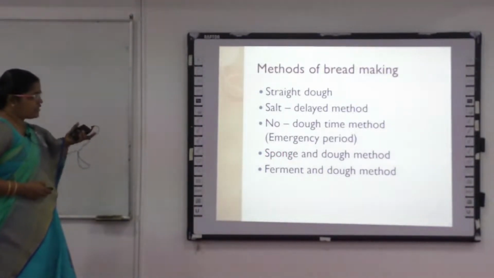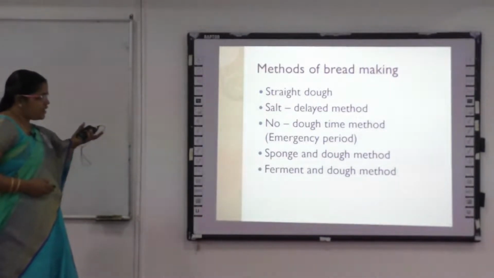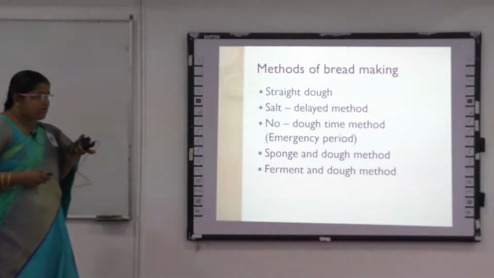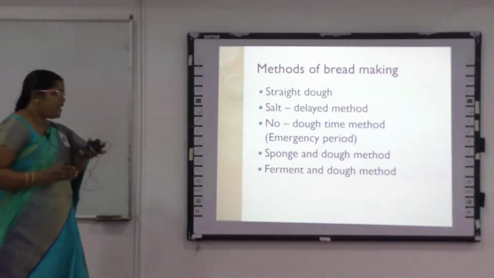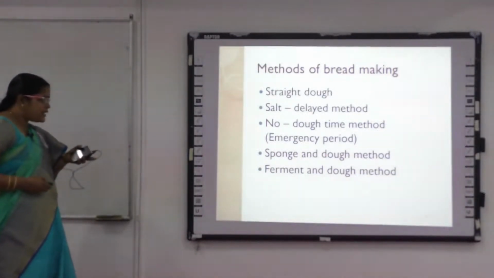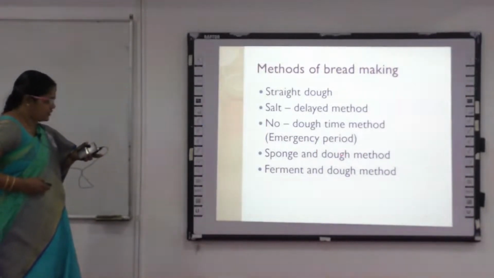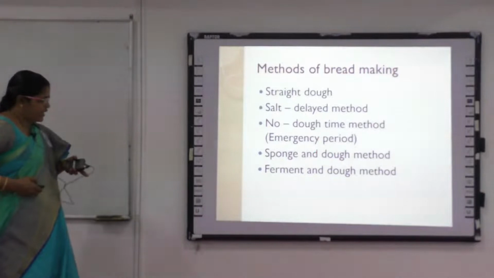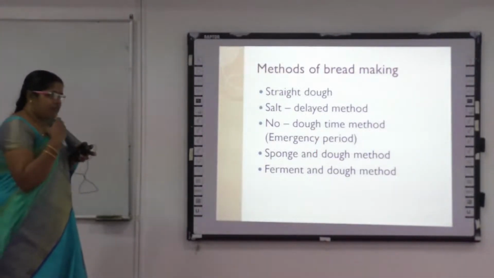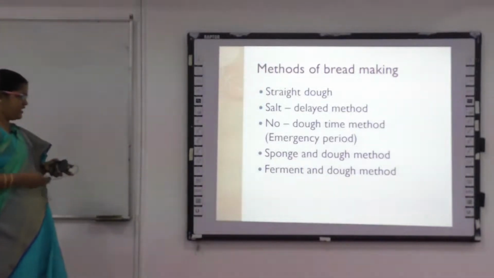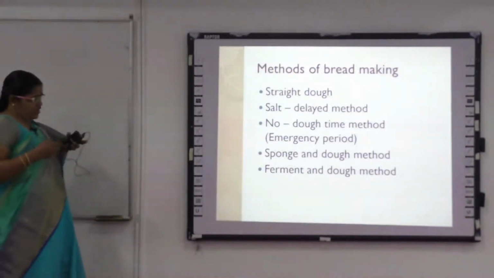Next is the dough. The remaining ingredients, the remaining part of the maida, salt, sugar and water will be mixed together and the dough will be prepared. Once this dough is ready, the sponge will be added to the dough and mixed together, whereby the mixing time as well as fermentation time will be reduced.